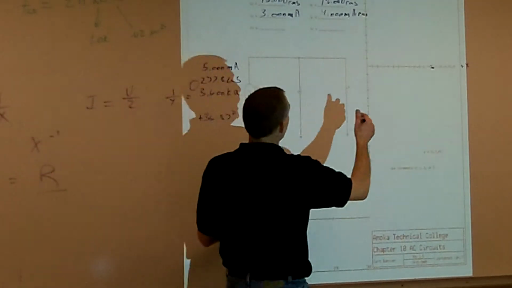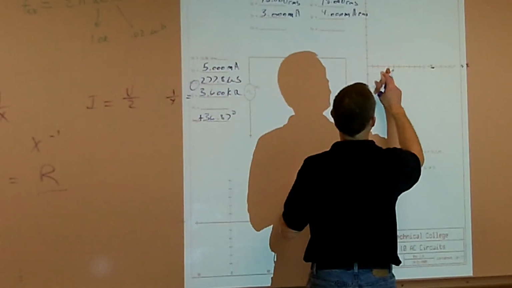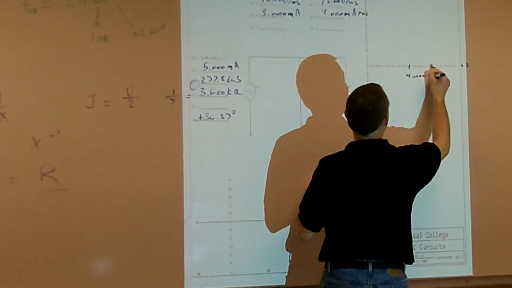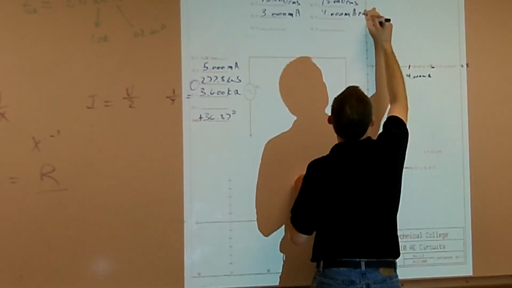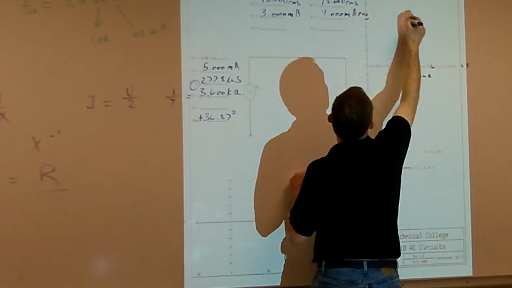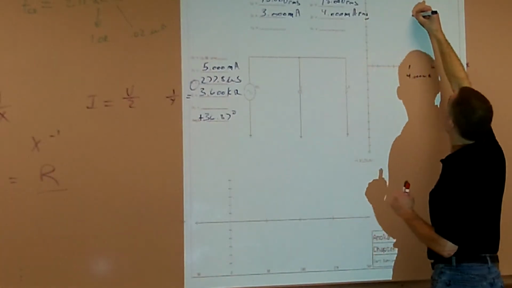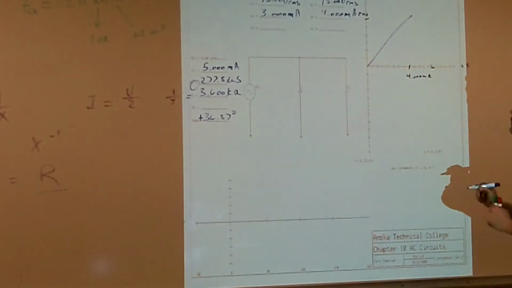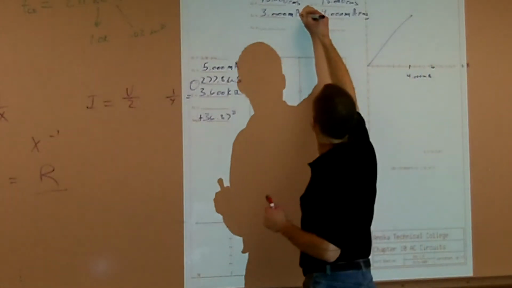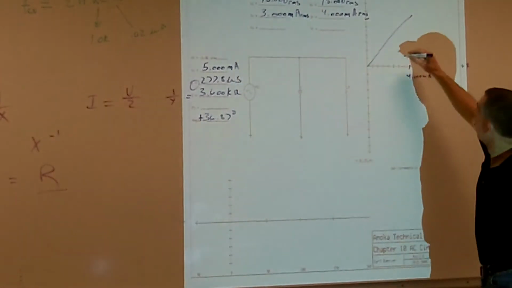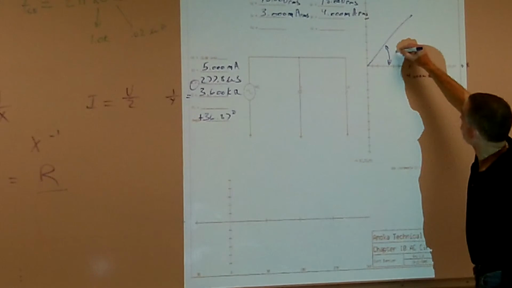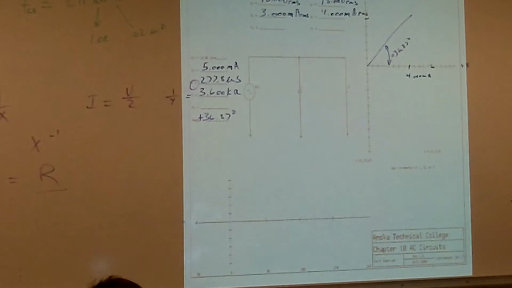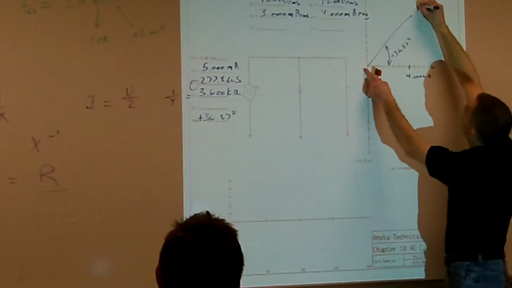So this one is our 4 milliamps, and this one is our 3 milliamps. Is that milliamps RMS? Yep, milliamps RMS. And that's our angle, right here, our 36.87 degrees. The total current is going to be our 5 milliamps.